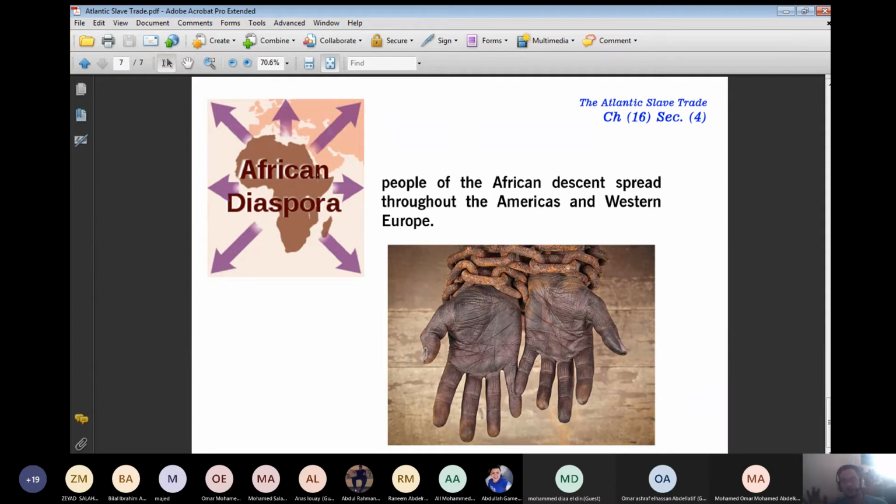So the African culture spread from Africa to Europe and to the Americas, until now. By the way, over there in American society, we have some examples of the African diaspora.